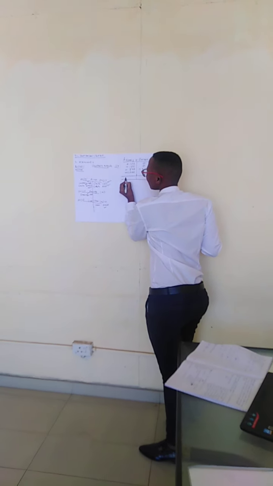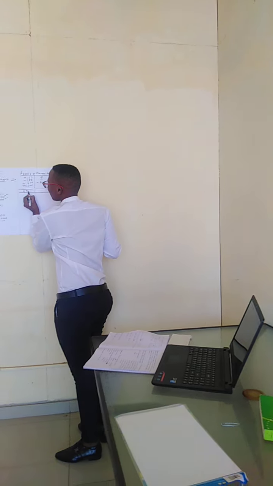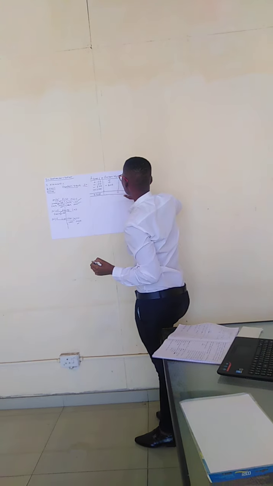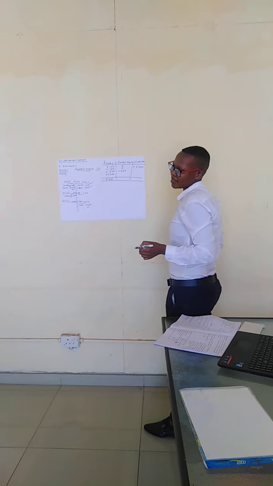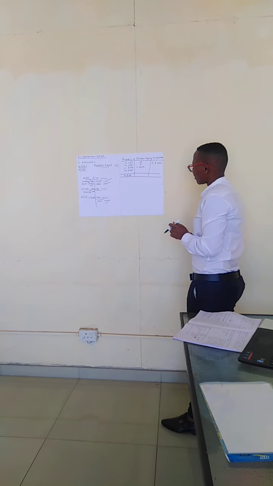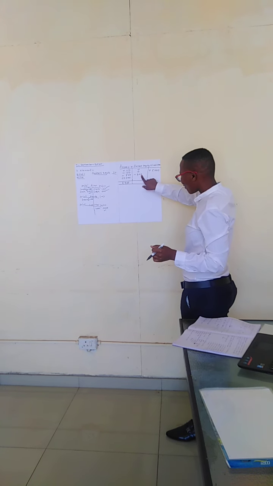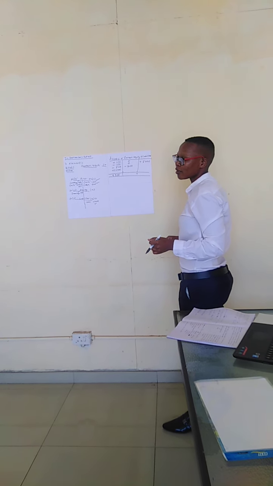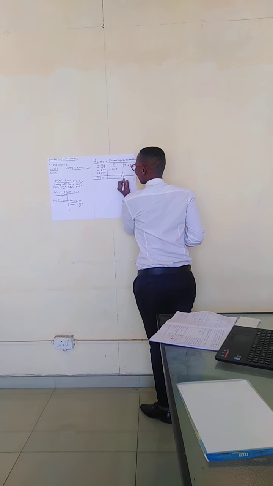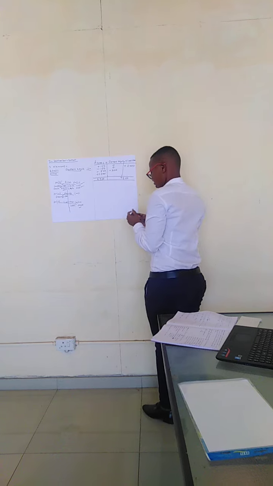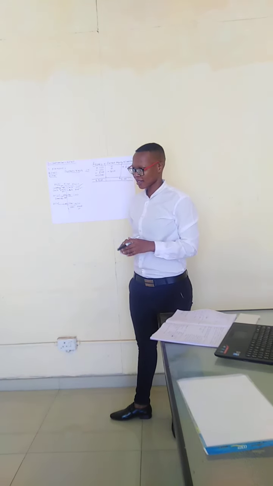So total here we have 4,500. So on this side, we said owner's equity plus liabilities. We must add them together. So that means 5,000 minus 500. How much do we have? 4,500. You should see on this side, we also have 4,500. So that means our accounting equation has balanced.